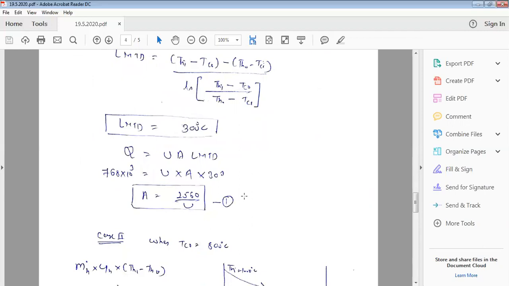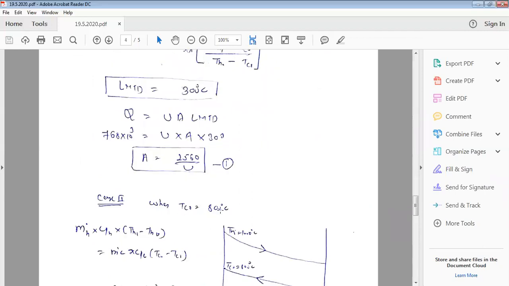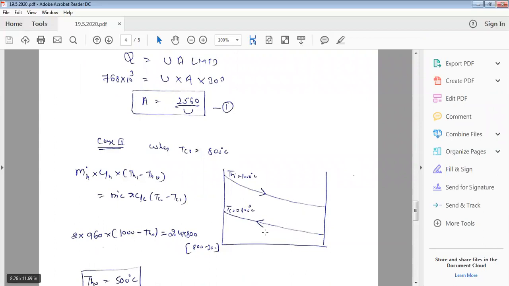Now, similarly, consider the case when the outlet temperature is 800 degrees Celsius. Case 2, outlet temperature 800 degrees Celsius, and see the graph I have shown. It's a counter flow heat exchanger.